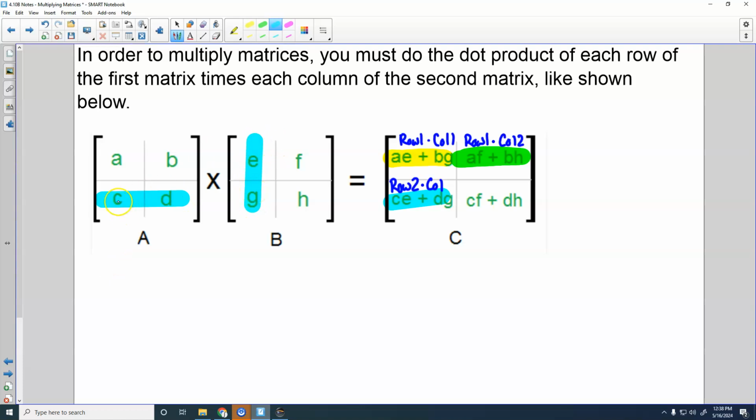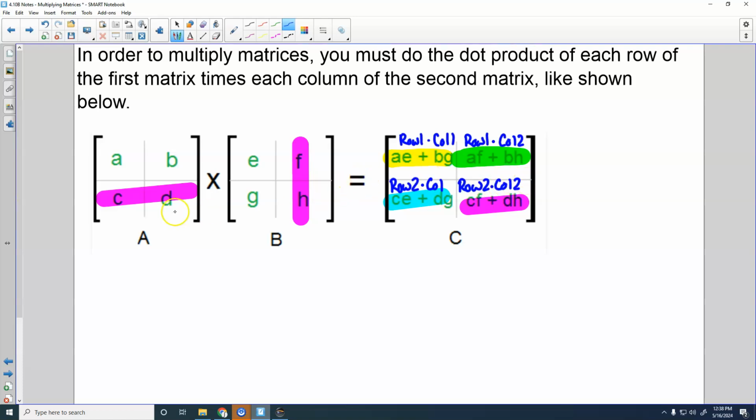And so that would be C times E plus D times G. And for the last one, if we're looking for this spot right here, that's second row, second column. And so row 2, column 2, and you would do C times F plus D times H.